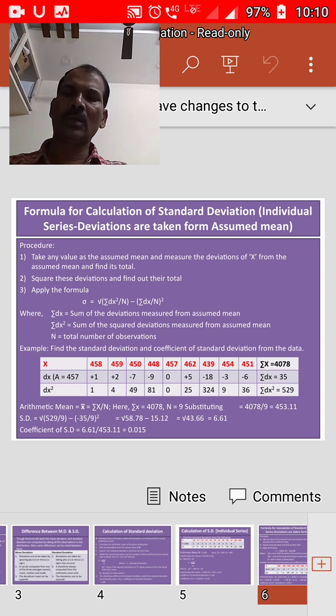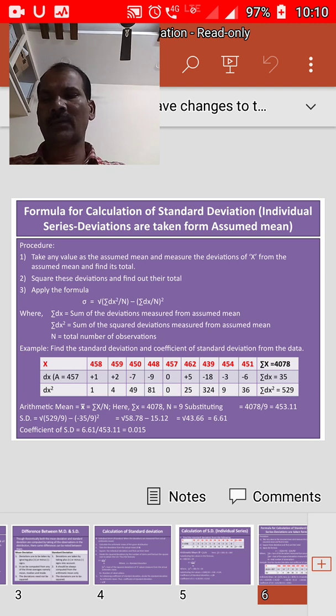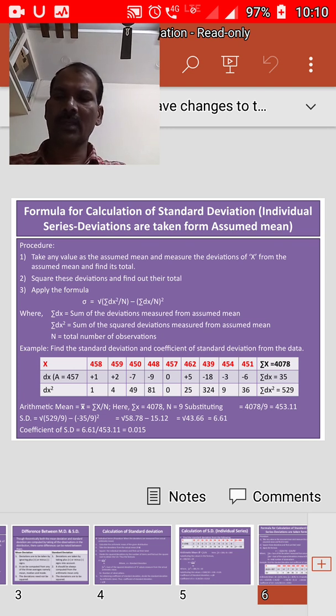Hence I took 457 as the assumed mean, and x minus a: 458 minus 457 is plus 1, 459 minus 457 is plus 2, 450 minus 457 is minus 7, 448 minus 457 is minus 9, 457 minus 457 is 0, 462 minus 457 is plus 5, 439 minus 457 is minus 18, 454 minus 457 is minus 3, 451 minus 457 is minus 6.